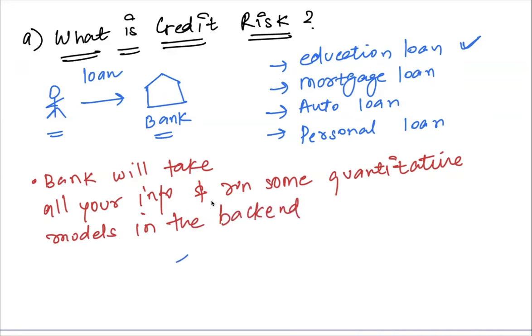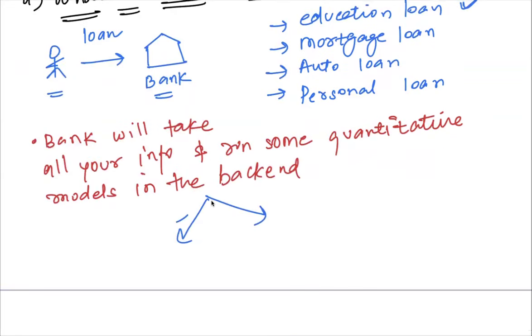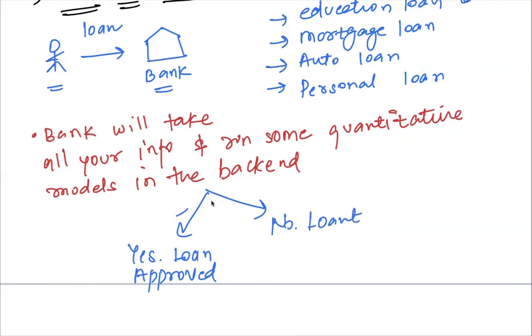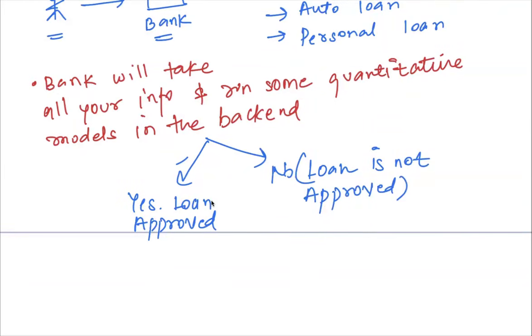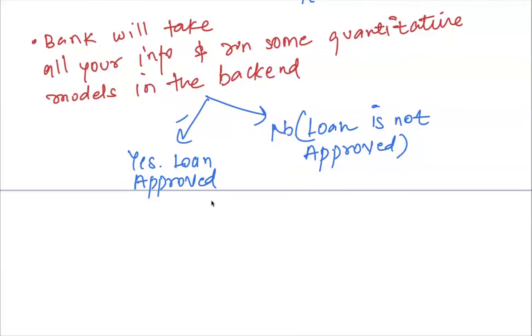And then it will say whether it can give a loan or not. So let's say the loan is not approved. What will the bank do? It will take all your information and run some quantitative models, and it will say whether the loan is approved or denied.